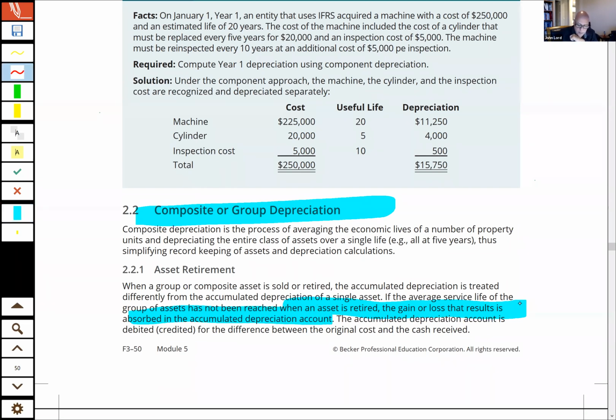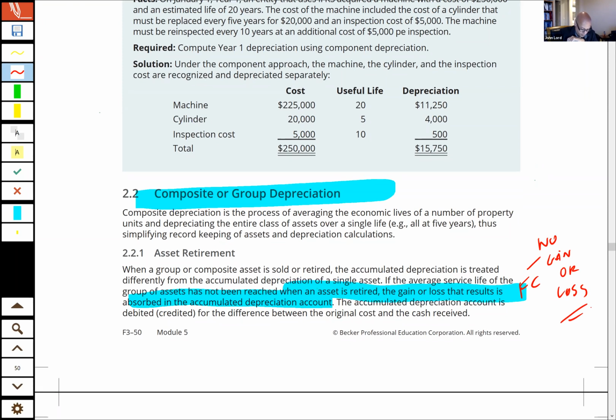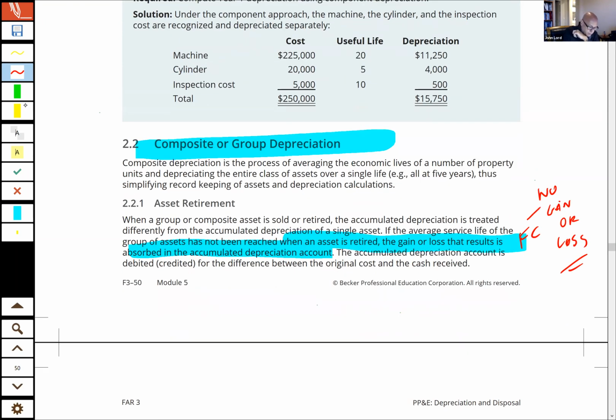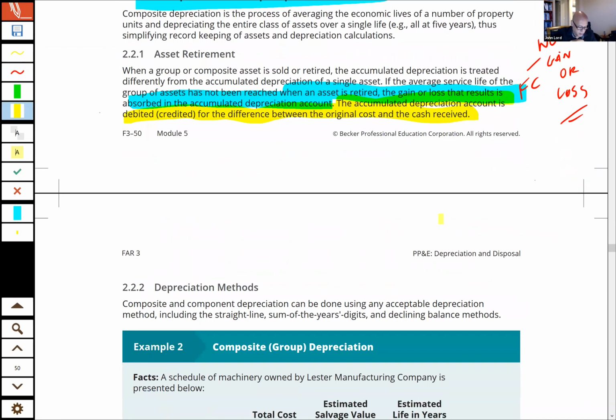So you can add that to the flashcard: no gain or loss. No gain or loss, okay? So we can even include on the flashcard that the accumulated depreciation account is debited for the difference between the original cost and the cash received, okay? Include that on the flashcard, but let's just look at this example.